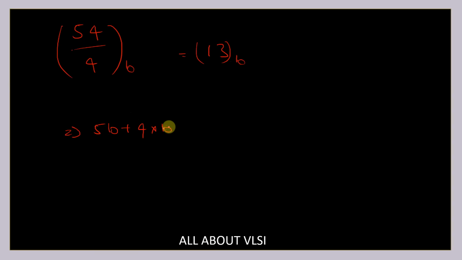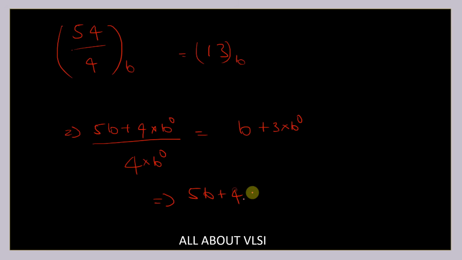So 54 by 4, which is equal to 13 base B. You can convert it into decimal, which is nothing but 5B plus 4 into B power 0 is 4, divided by 4 into B power 0 is 4 again, which is equal to B plus 3 into B power 0, which is nothing but 3. So 5B plus 4 is equal to 3 plus B plus 4.